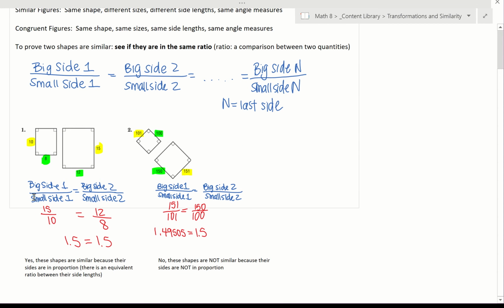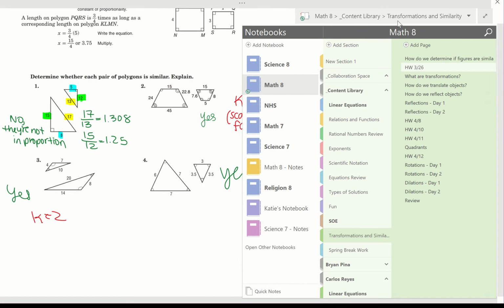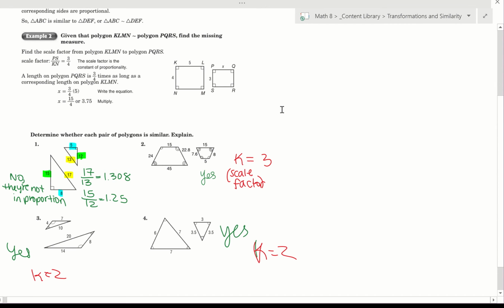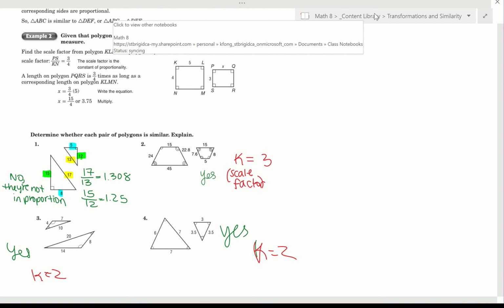Okay, recall this, where we had big sides, small sides, we compared them, made sure they were in the same ratio. Okay, we did this too. Just letting you review, refresh. If you need to pause here and look back, you can do that, right? We talked about proportionality. If they have a constant proportionality, then they are similar.